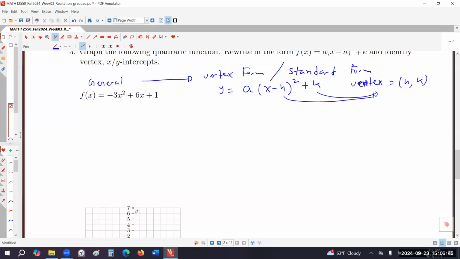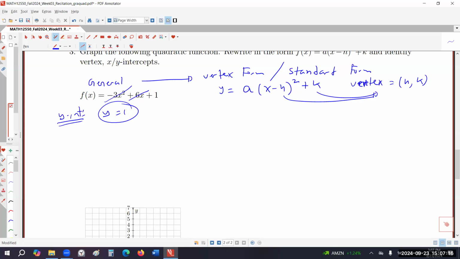On the other hand, the general form is kind of useless for everything else except for one place, to find the y-intercept. To find the y-intercept is the easiest one because it cancels all the x's. Whatever remains, that is our y-intercept. Y equals the constant. So general form has only one usefulness, for y-intercept.